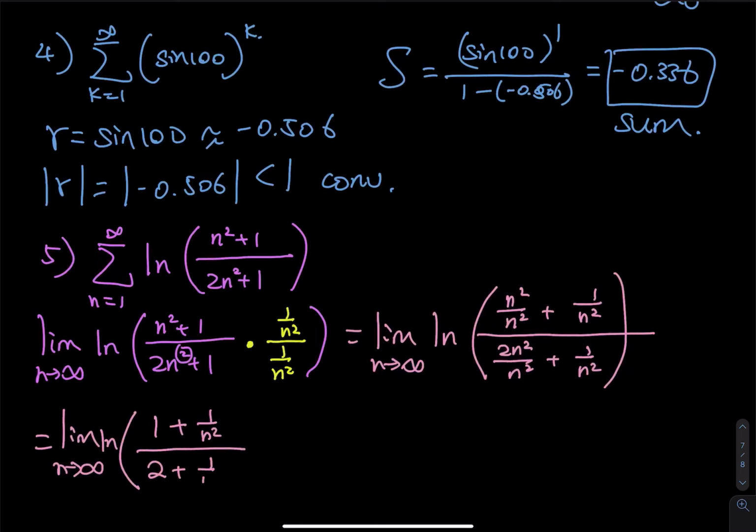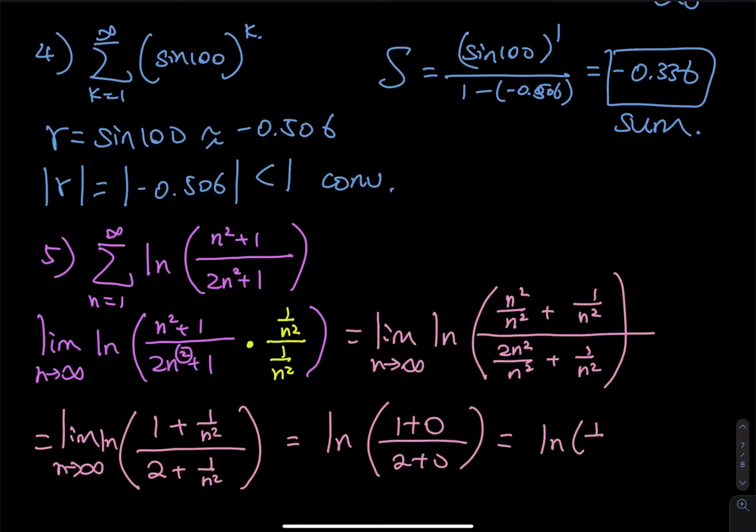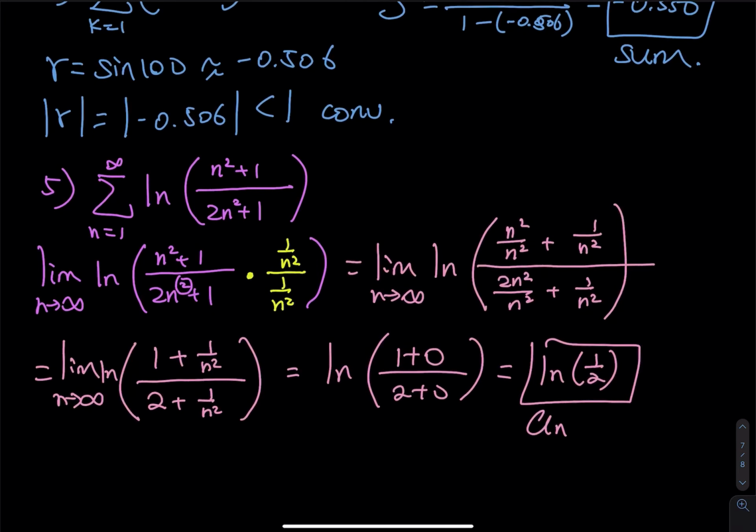So all the fractions become 0. Then we have ln(1 plus 0) divided by (2 plus 0). So therefore, the nth term is ln 1/2. This is the nth term, a_n, not a sum, right? Not a sum. So the nth term is not equal to 0. So according to the test for divergence, the series diverges.